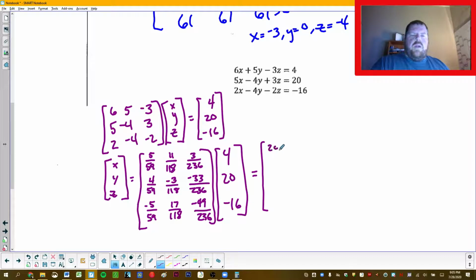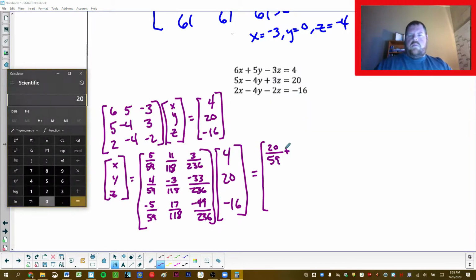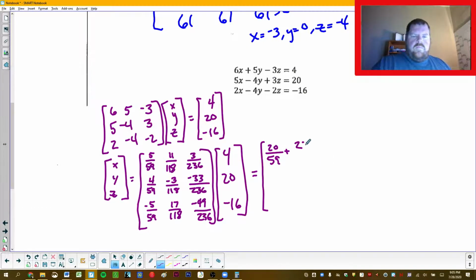This will be 20 over 59 plus 20 times 11, 220, okay. 220 over 118 plus 3 over 236.